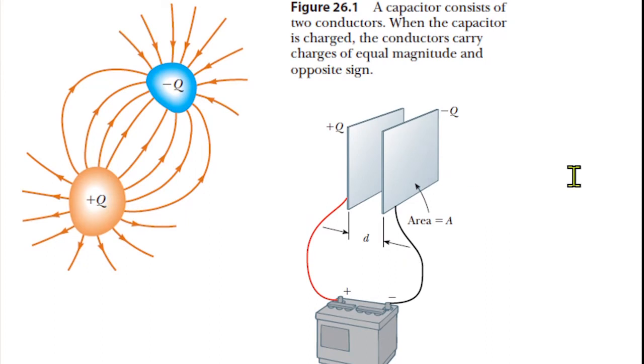So what's really going on at the atomic level is that negative charge from here will get attracted to this positive. So it starts traveling this way, right?